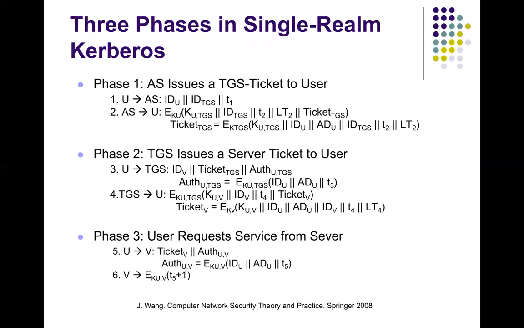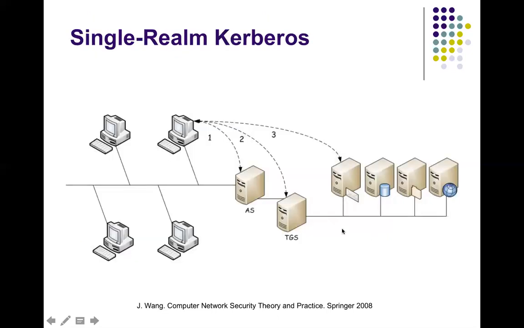In a single realm Kerberos, there are 3 phases. As we saw earlier, phase 1, phase 2, phase 3. Now we're going to look at the details of each of these.